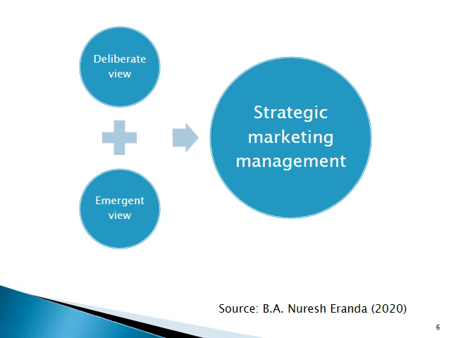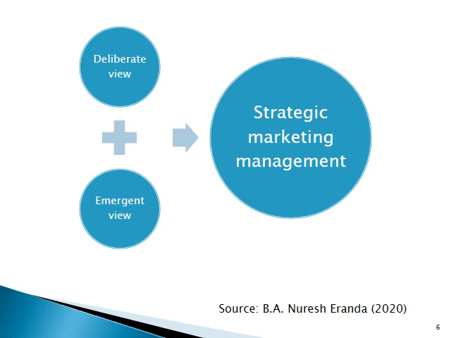That's basically emergent. Some creative people in the organization can come up with very innovative ideas and very new perspectives to bring your organization back to the normal situation. So that's the emergent view. In strategic marketing management, you need to combine both.